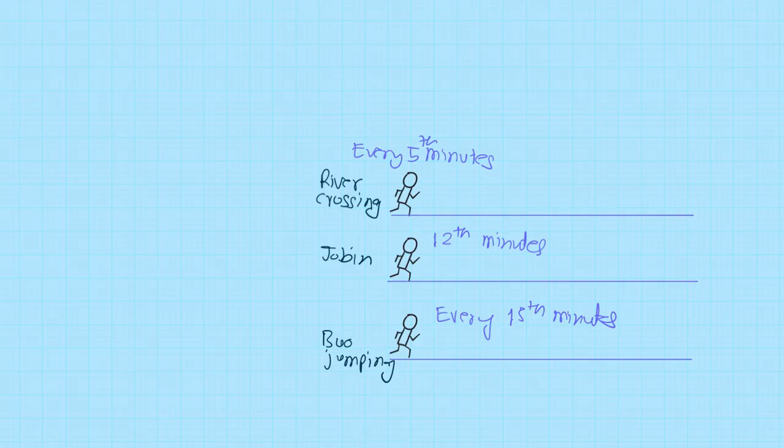That is the question. Once these activities start, as their intervals are different, what will be the least amount of time when all three activities will again start at the same time? So that is what we are going to find.